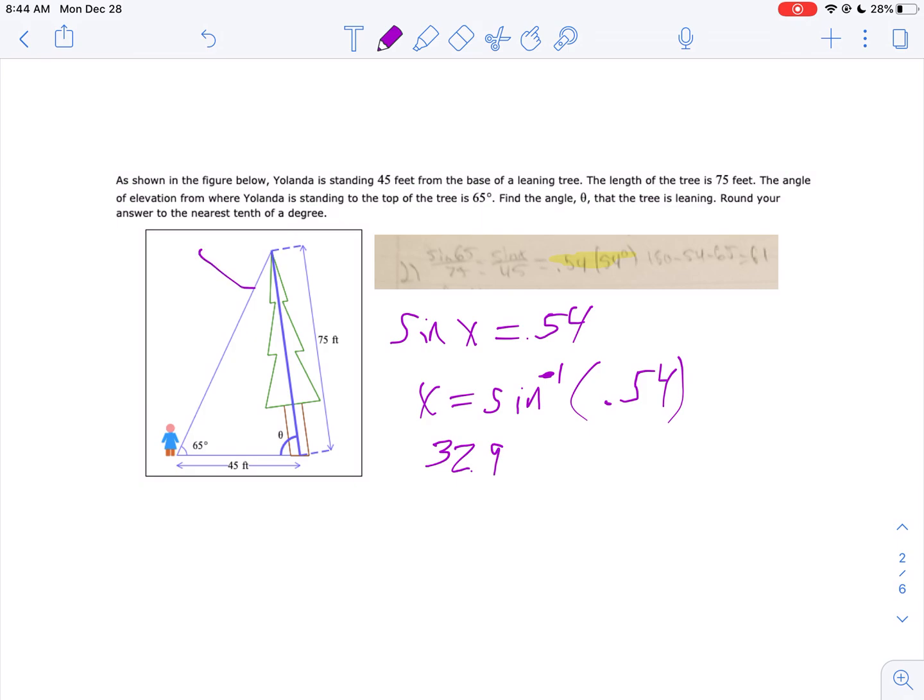So this angle up here is 32.9, and like your work says, you just had that one step wrong. It'll be 180 minus 65 minus 32.9.